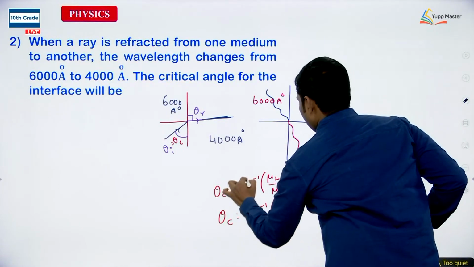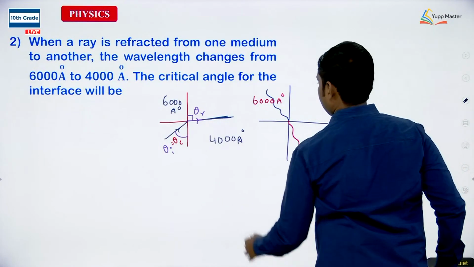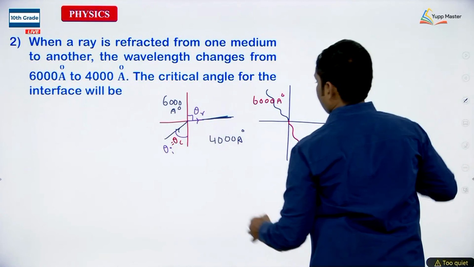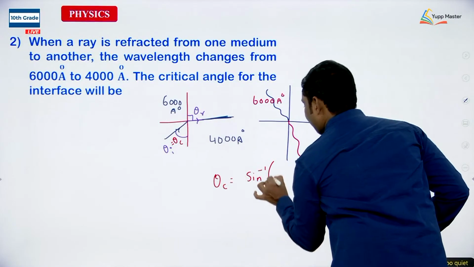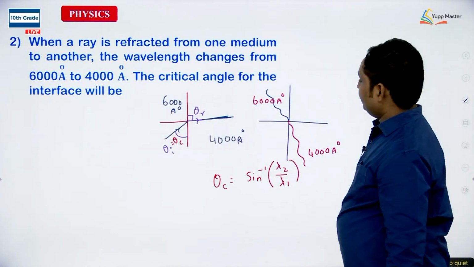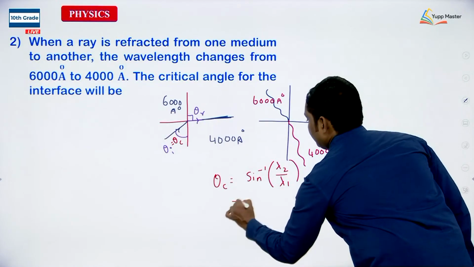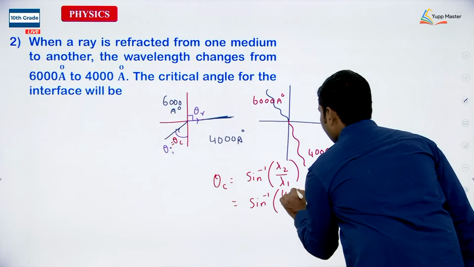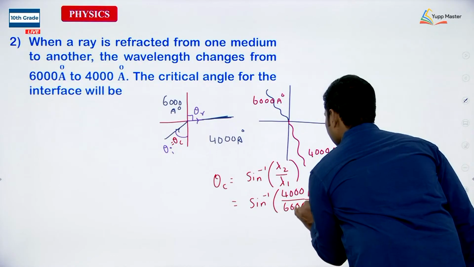Therefore, theta C is equal to sin inverse lambda 2 by lambda 1. So it is sin inverse of 4000 by 6000 angstrom units.